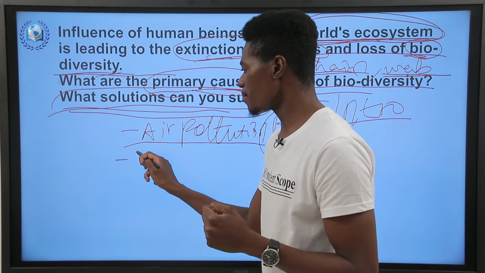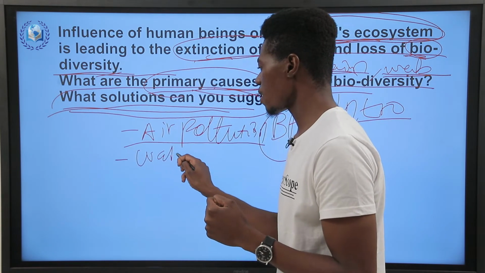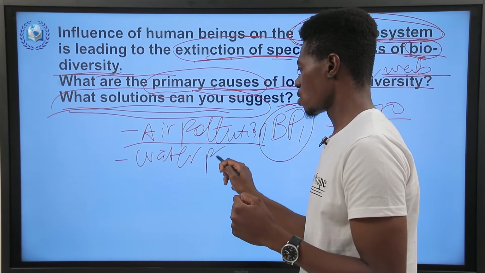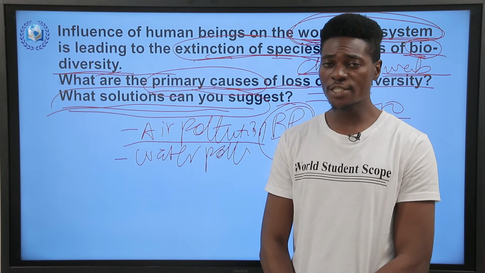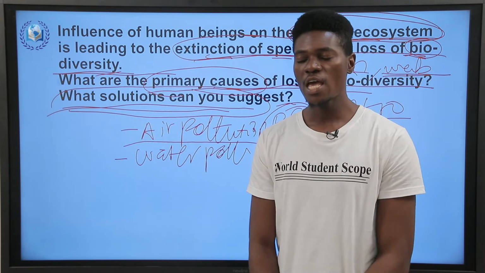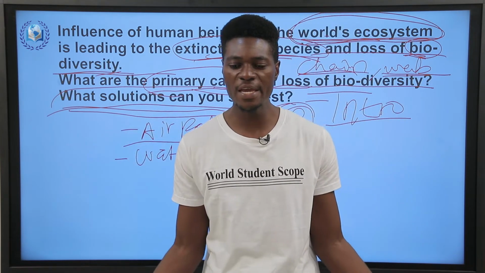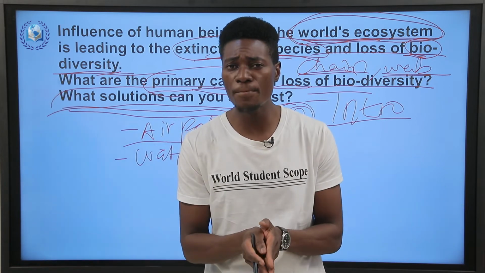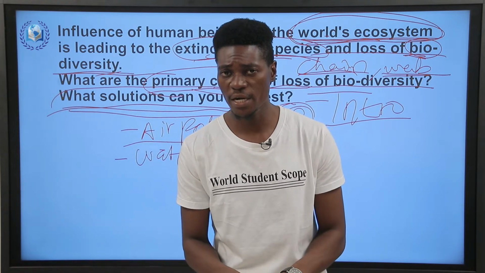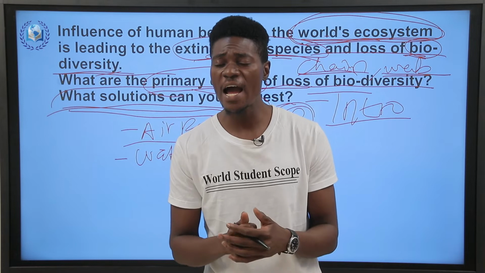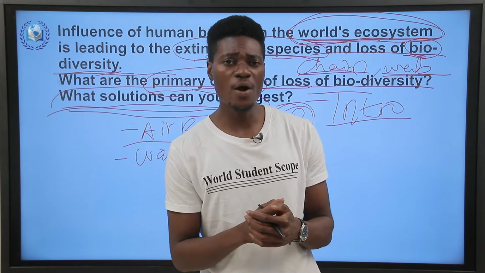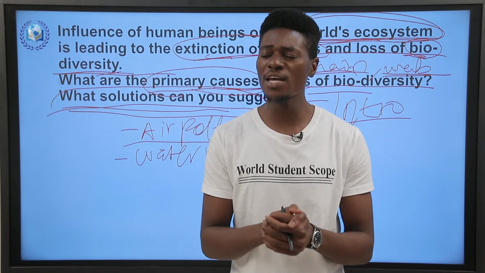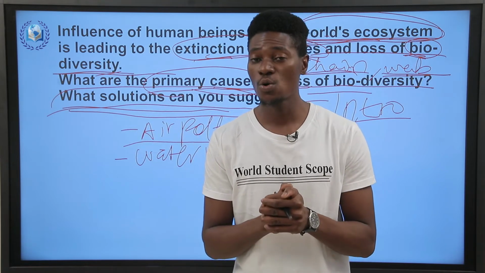Another thing, human beings cause water pollution. Human beings are the source of water contamination. If I say water contamination, it means we are just adding impurities in water. We are adding unneeded impurities in water. Human beings add impurities in water whereby they contaminate water.